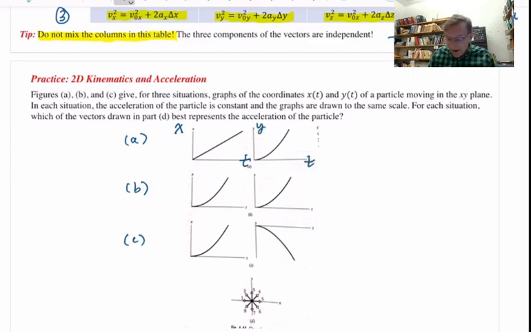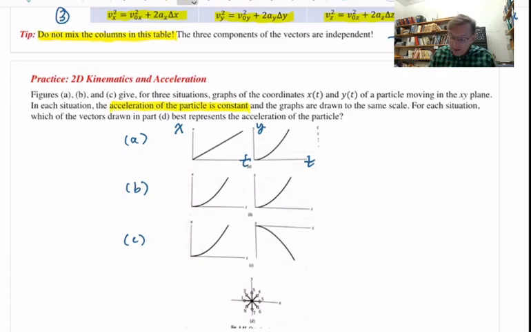It'll be the same kind of thing for B and C. And in each of these 3 situations, we have a particle that's moving with constant acceleration. The graphs are all drawn to scale just to help you visualize.